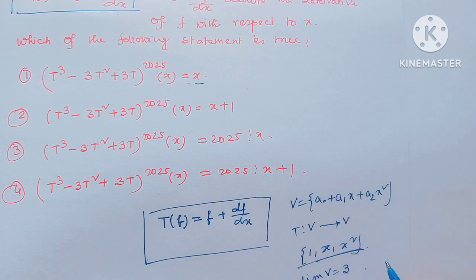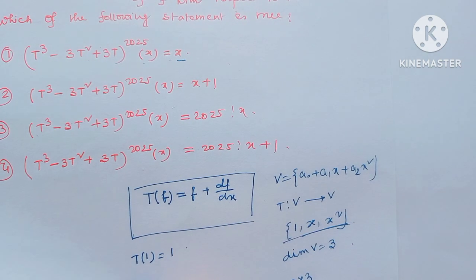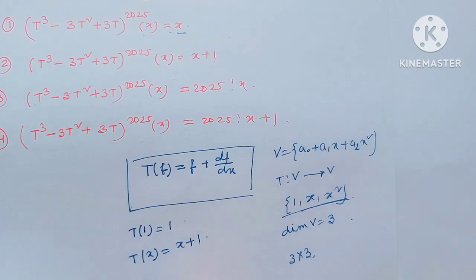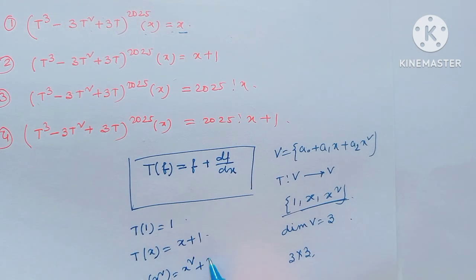For the first basis, T of 1 equal to 1. Second, T of x equal to x plus 1. Then T of x square equal to x square plus 2x.